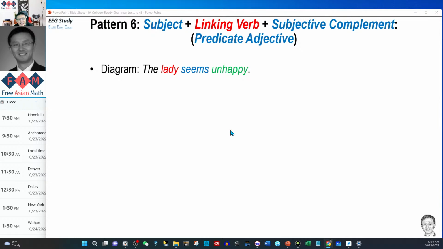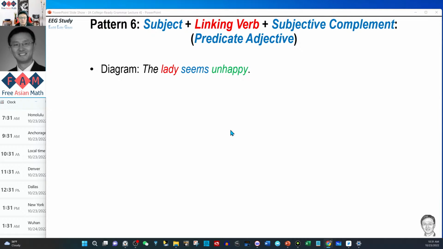We could say the lady is unhappy. You know the meaning of both sentences. Now you can see that this sentence, the lady seems unhappy, the meaning is very close to the lady is unhappy, except that there's a small uncertainty there, right? If we say the lady is unhappy, there's no uncertainty at all.